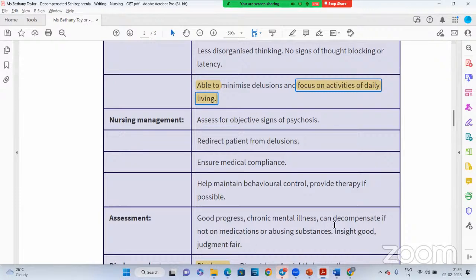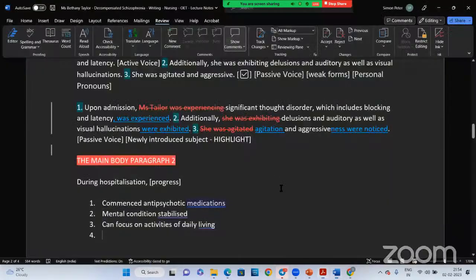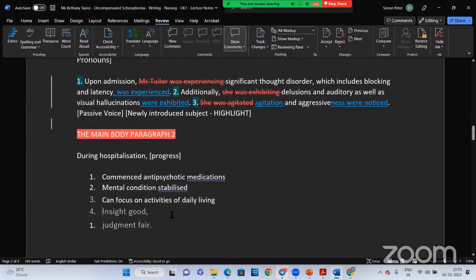Can decompensate, condition may worsen if not on medications or abusing substances. So medication non-compliance and abusing drugs. Insight is good and judgment fair. So now the condition is very much improved.